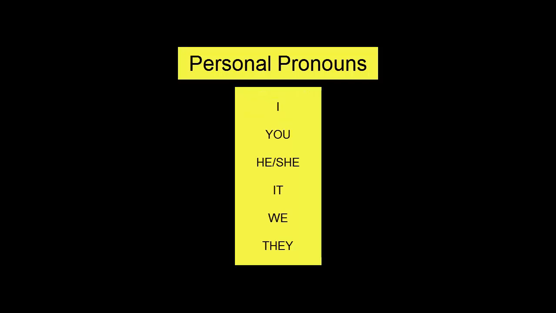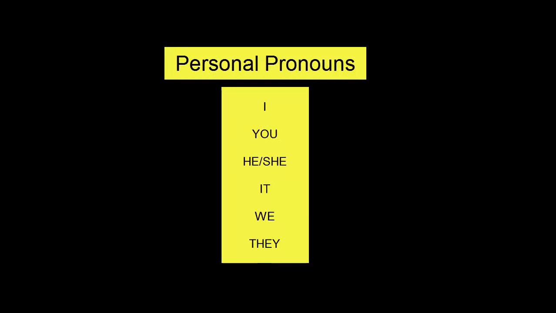If you don't know about the personal pronouns, they are I, you, he or she, it, we, and finally they. So always when you see he, she, or it, you add an S at the end of the verb.